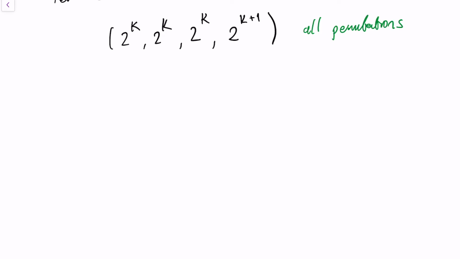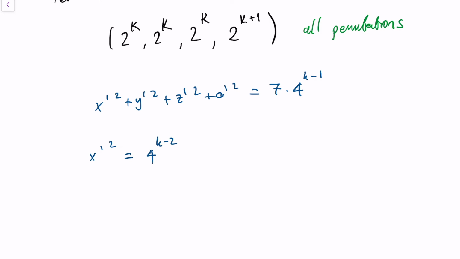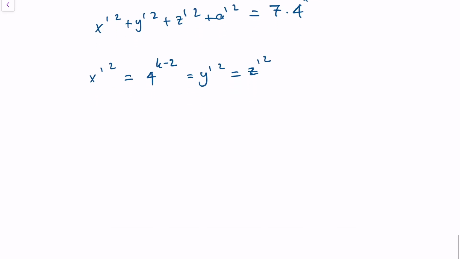Okay, so the next set of solutions, if you look at the equation again, we have x dashed squared plus y dashed squared plus z dashed squared plus a dashed squared is equal to 7 times 4 to the power of k minus 1. If we let x dashed squared be 4 to the power of k minus 2, and say that's the same as y dashed squared, and that is the same as z dashed squared, in total, when we add them, we're going to have 3 times 4 to the k minus 2.